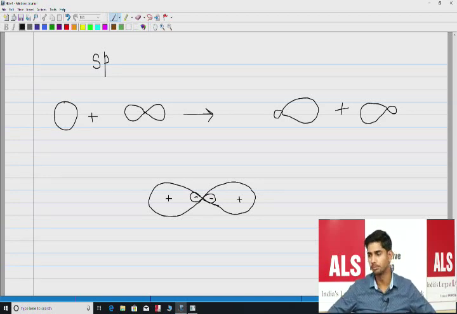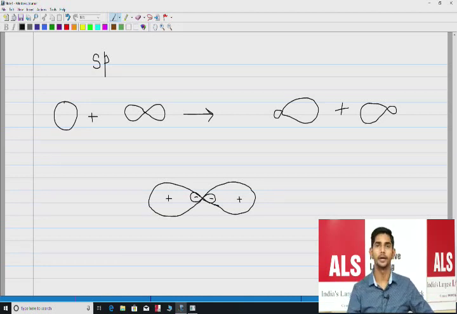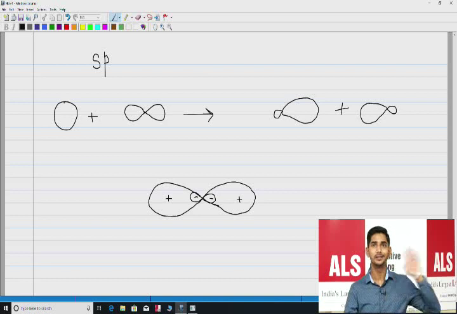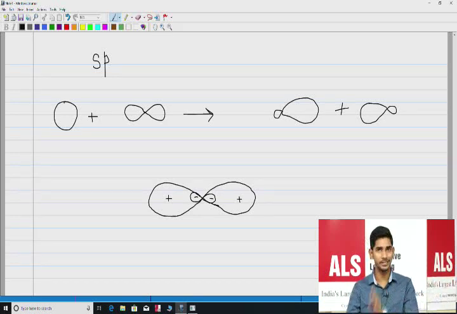Yes, P block. Very good. So actually, the last electron of the chlorine enters the P subshell. That's why I am going to use the P orbitals of the chlorine for the overlapping purpose.